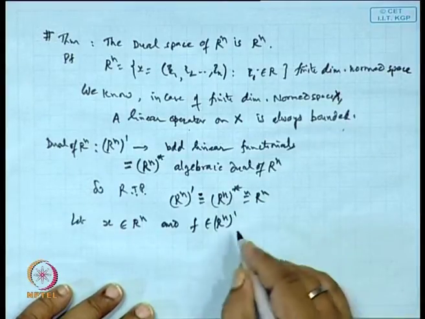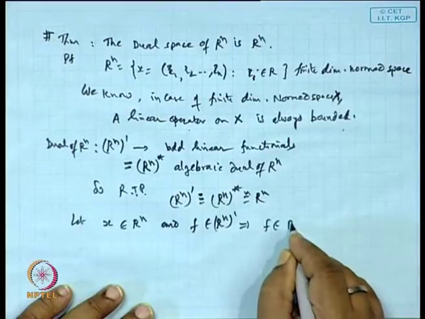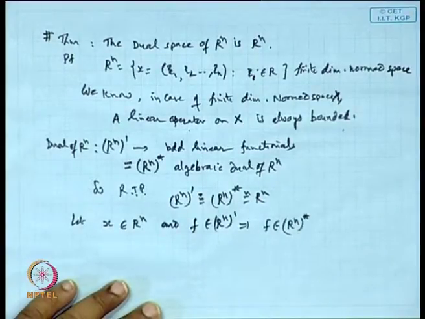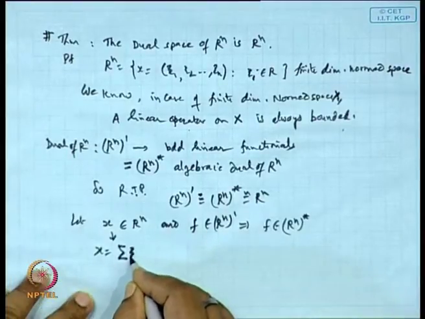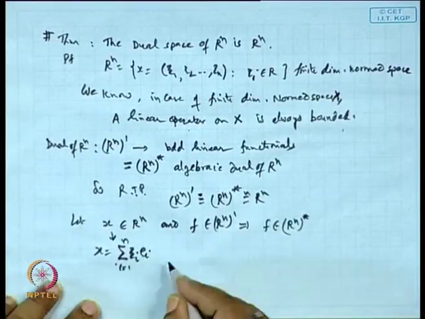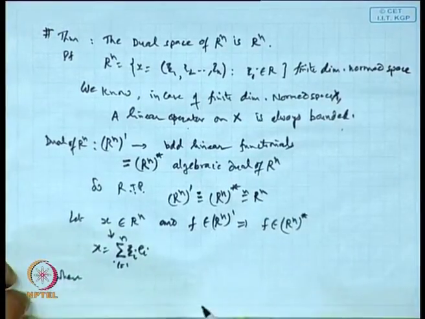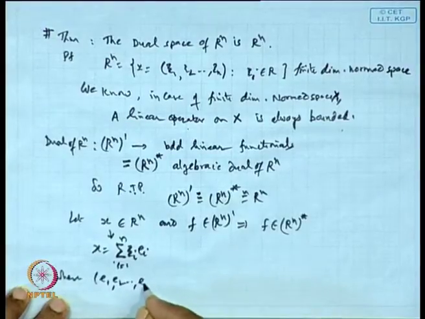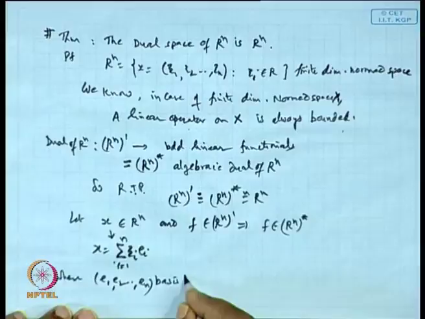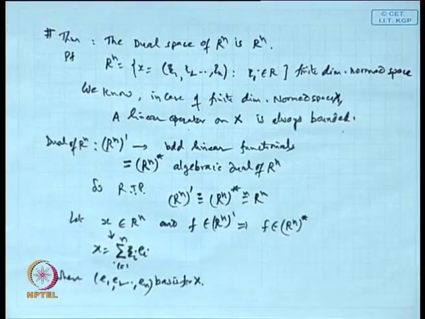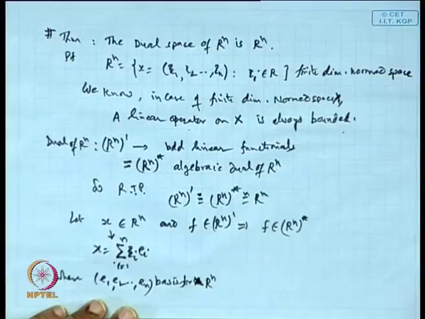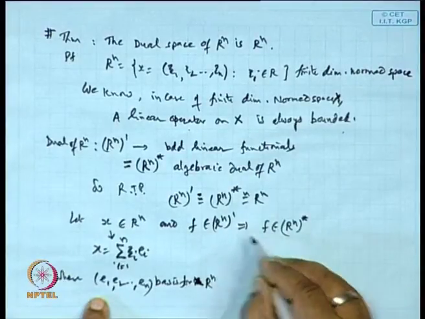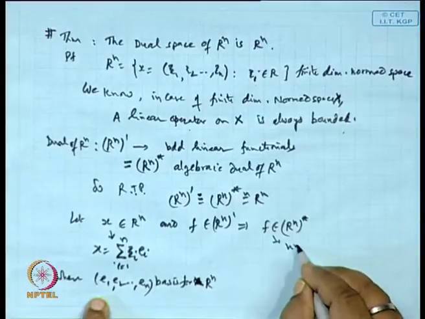So, it is a bounded linear functional, so f will be a point in R n star, the algebraic dual. x is in R n, so x can be written as sigma x_i e_i, i is 1 to n, where e_1, e_2, ..., e_n is the basis for R n, because we are dealing with R n, which is finite dimensional. f is a bounded linear functional, so it is the same as a linear functional.